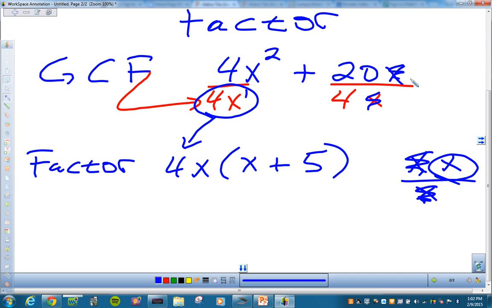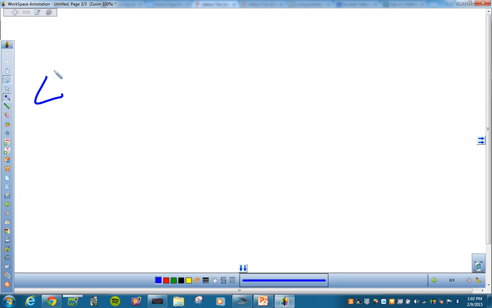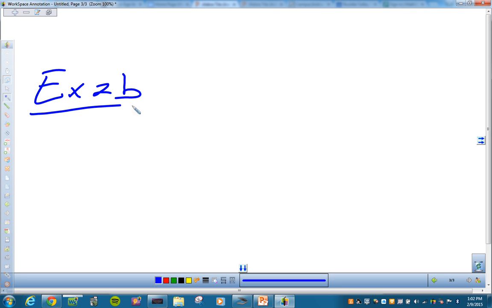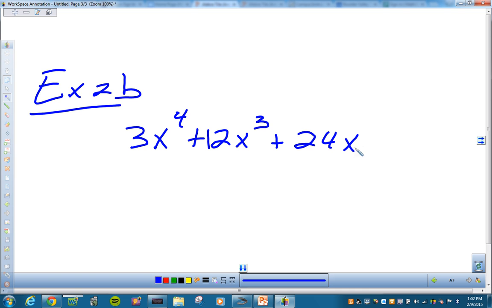Alright, let's do one that's a little more challenging. So let's do... okay, raise your hand once you know what the biggest number you can divide out of each number is.